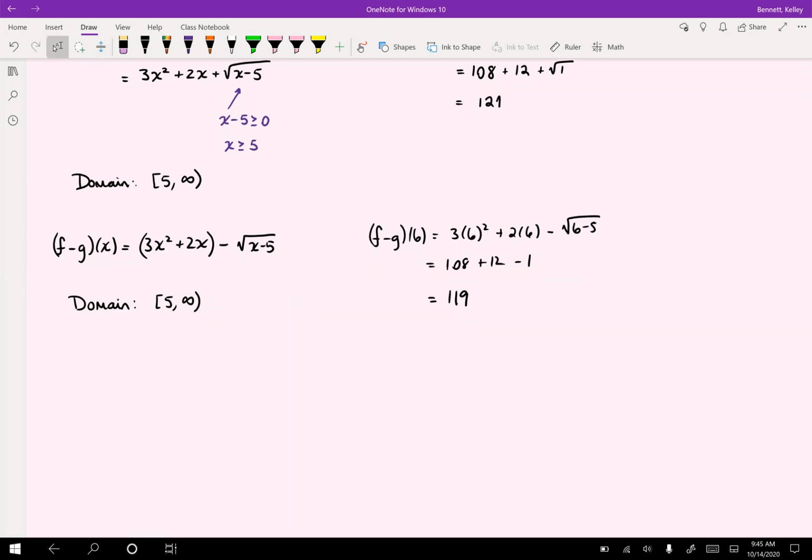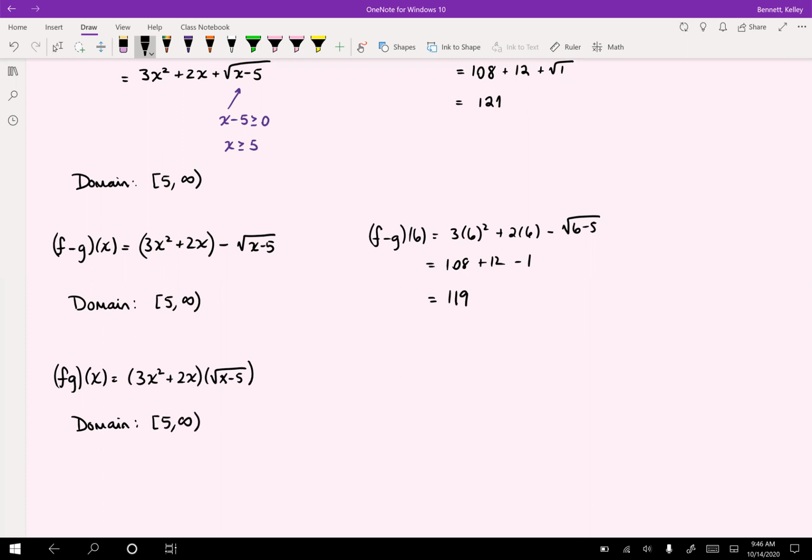All right, so the next two, I'm going to multiply. And I don't have any change here as far as my domain restriction because I still have to make sure that the radicand is at least 5.